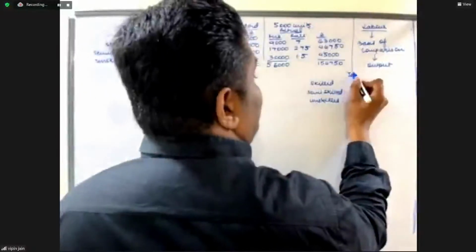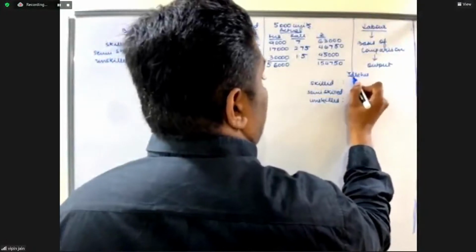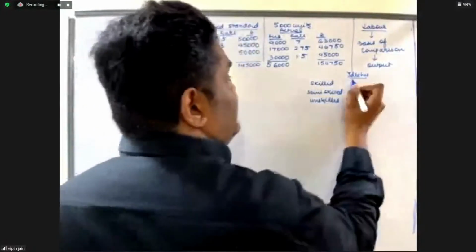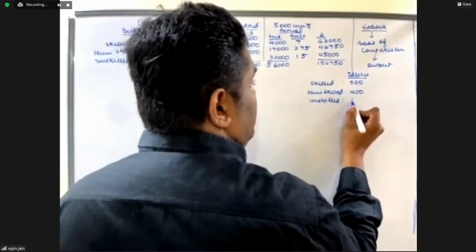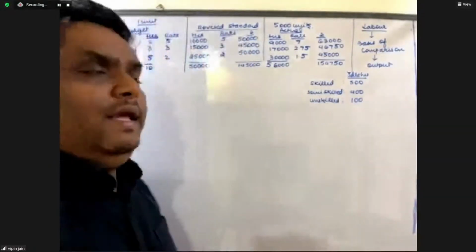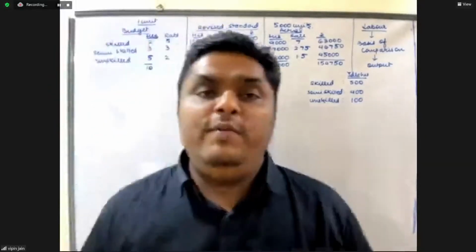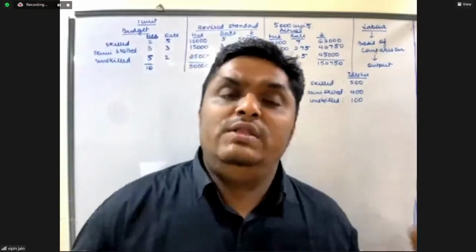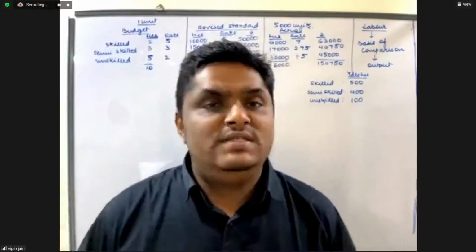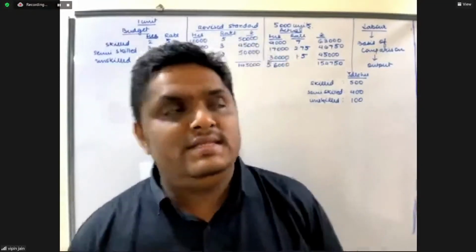So idle hours are given. Let's say 500, 400, and 100. I repeat again, if no information is given as regards idle hours, then in the question apply the same concepts we have discussed in calculating the material variances.